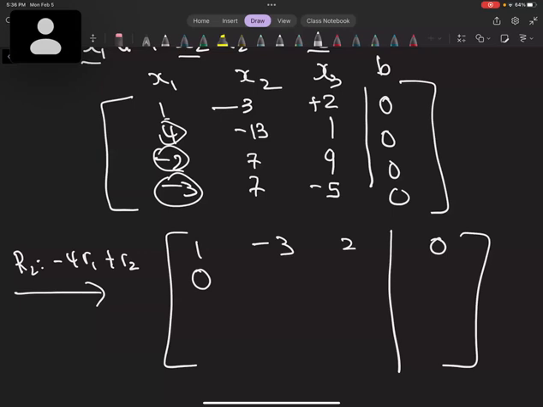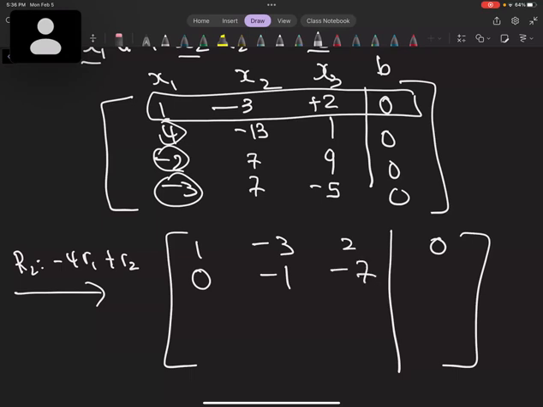And then minus 4 times minus 3 is 12. Minus 13 is minus 1, right? And then minus 4 times 2 is minus 8 plus 1 is minus 7. Then minus 4 times 0 plus 0 is 0.